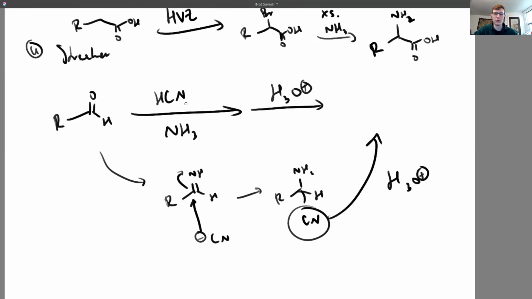So first you form this thing here with the amine and then the cyano group, and then from there you cleave the cyano group with acid. NH2, right? Yeah, there's a hydrogen here. There's always a hydrogen, and then we've added that extra carbon that we needed, and so that's also an amino acid.